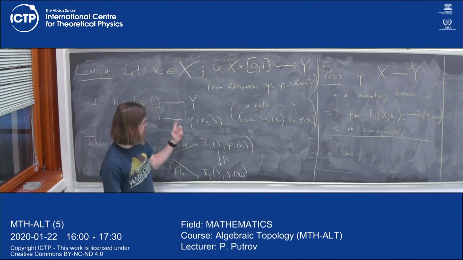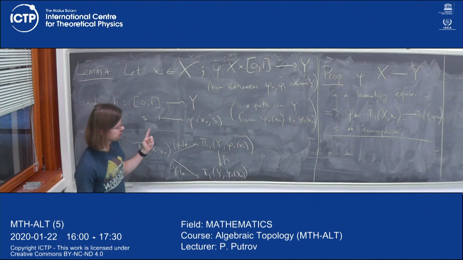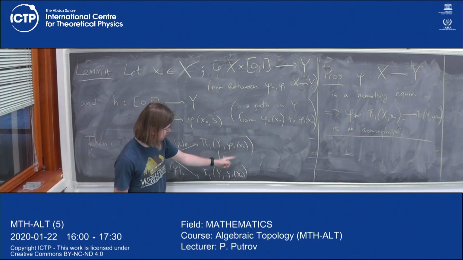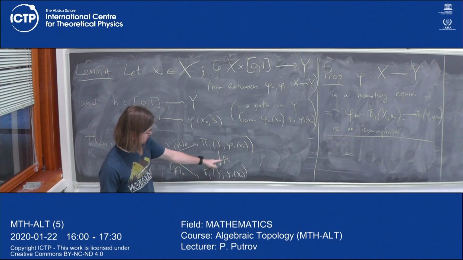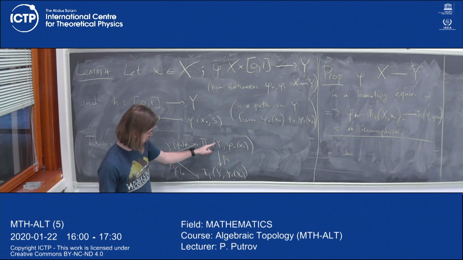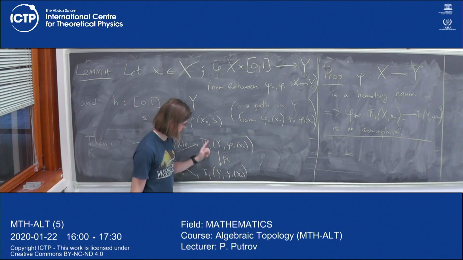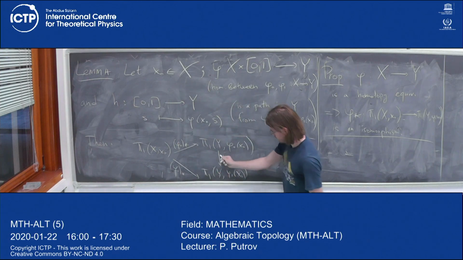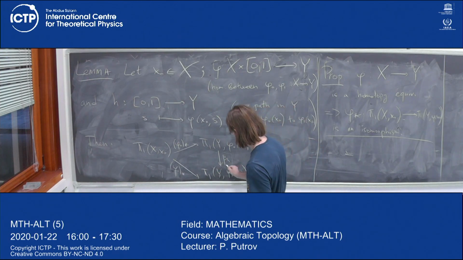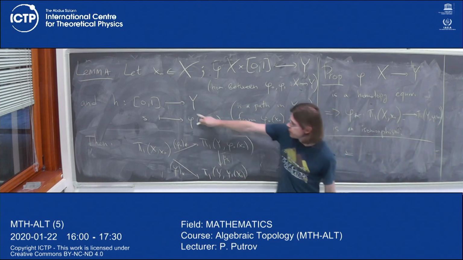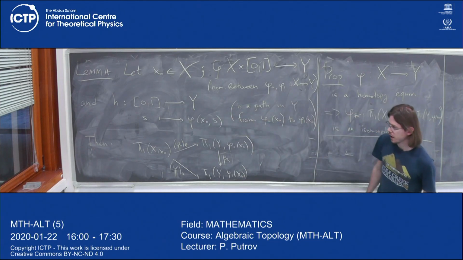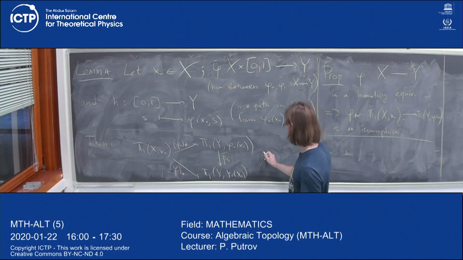The path connecting the two base points is given by H, and one can construct a homomorphism beta H between these fundamental groups, and this actually will be an isomorphism. So this beta H is what we constructed previously in the lectures for a given path H, and the statement is that this diagram is commutative.